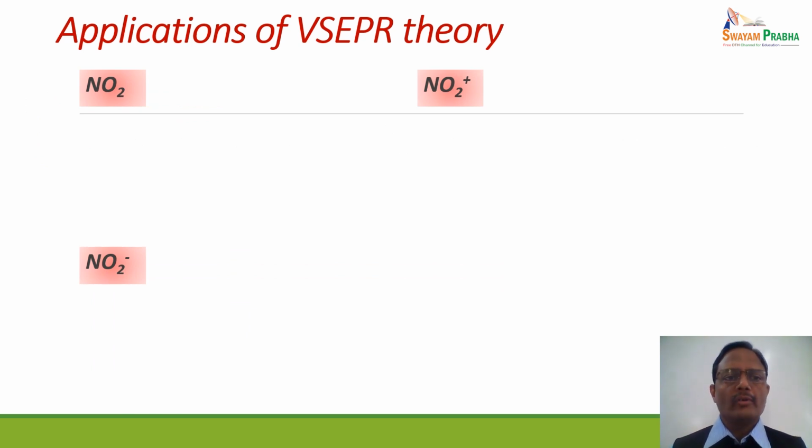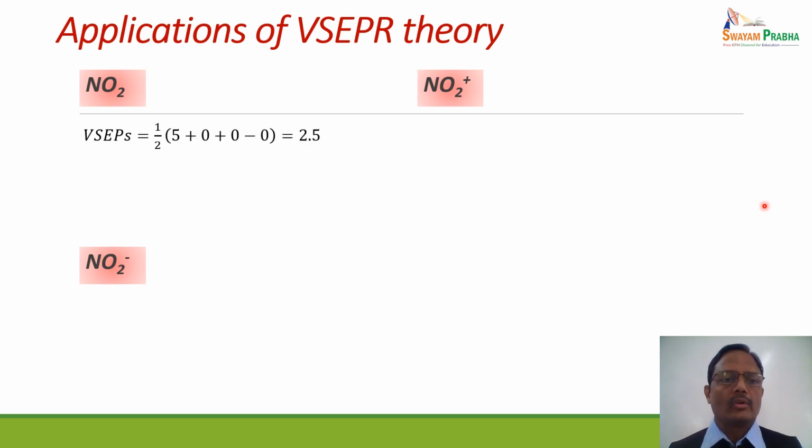One more example we can consider is the 3 species formed by NO2: the NO2 molecule, the NO2 positive ion and the NO2 negative ion. In the case of the NO2 molecule, the number of valence shell electron pairs can be calculated as half into 5 electrons in the valence shell of nitrogen. There are no monovalent substituents, and there is no charge on a cation or anion.